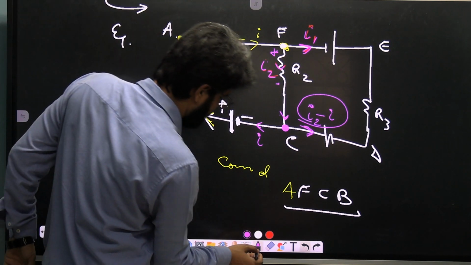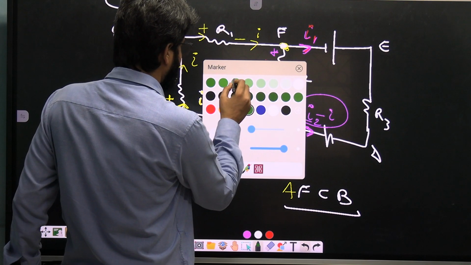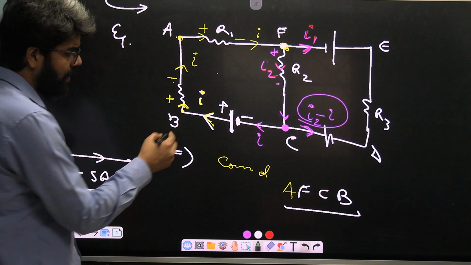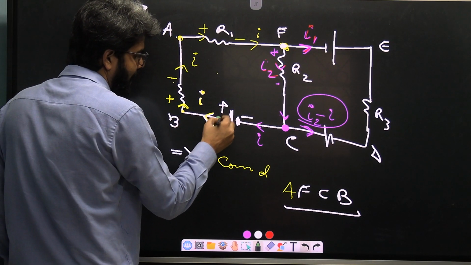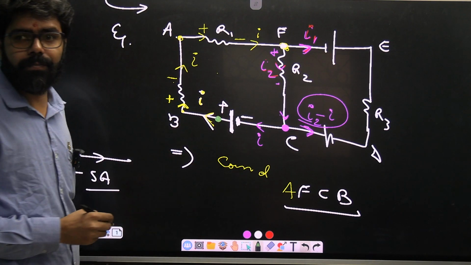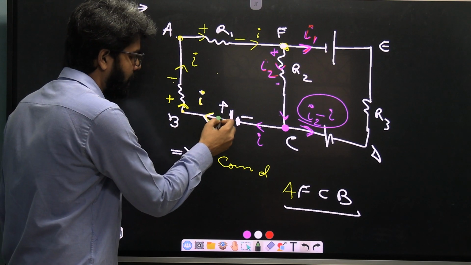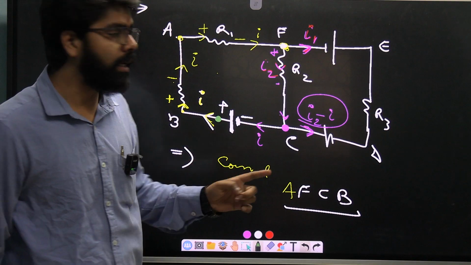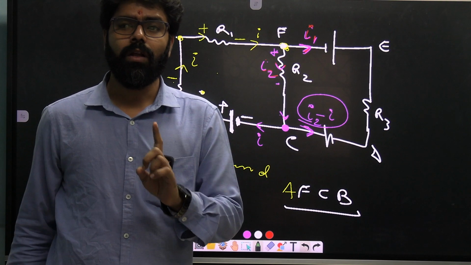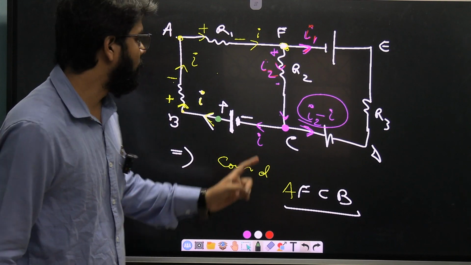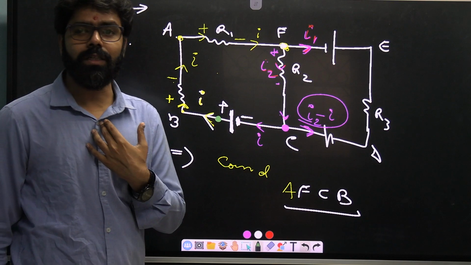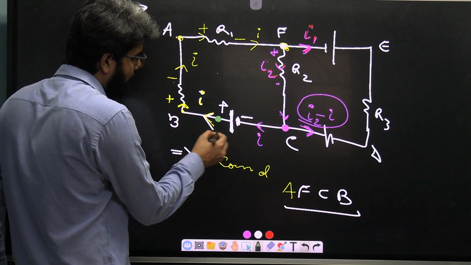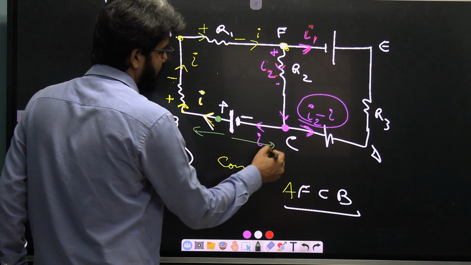Suppose I change the color and take this one. Suppose I start from this point. You are free to walk along the loop, the first loop, without hesitation. It's your wish how you want to walk. You can walk in this direction or in this direction.